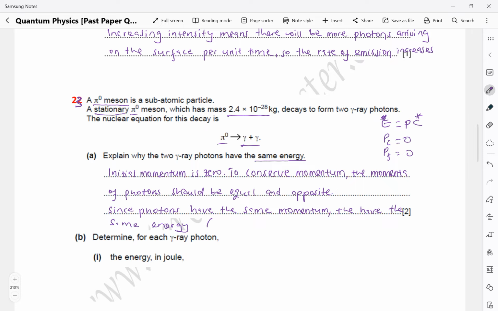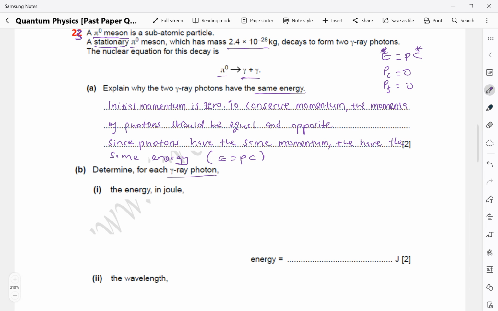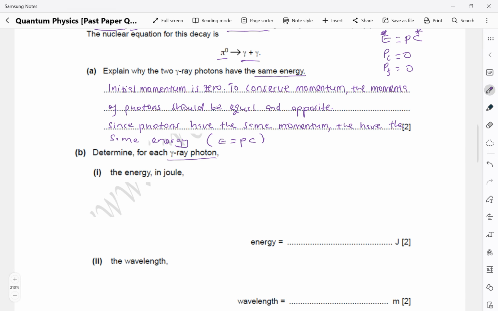We have seen that energy is equal to momentum times c for a gamma photon. Determine for each gamma ray photon the energy in joules. So we know that the energy of the pi meson, or energy of the particle, is giving us 2 gamma photons, so it's going to be equal to the energy of 2 photons.